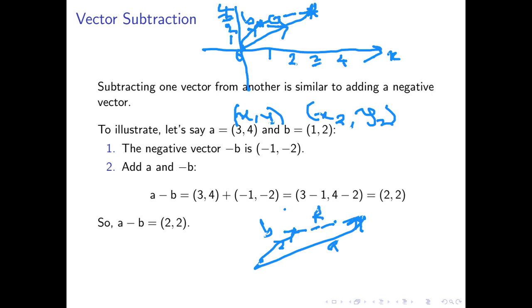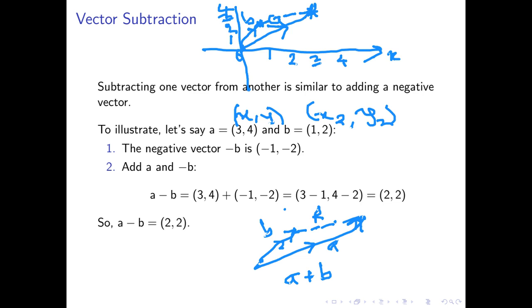How do we obtain R? R will be A plus B. But look at A. A goes in this direction. That's the direction of A. So here we're going to have A plus B, which should be the resultant.